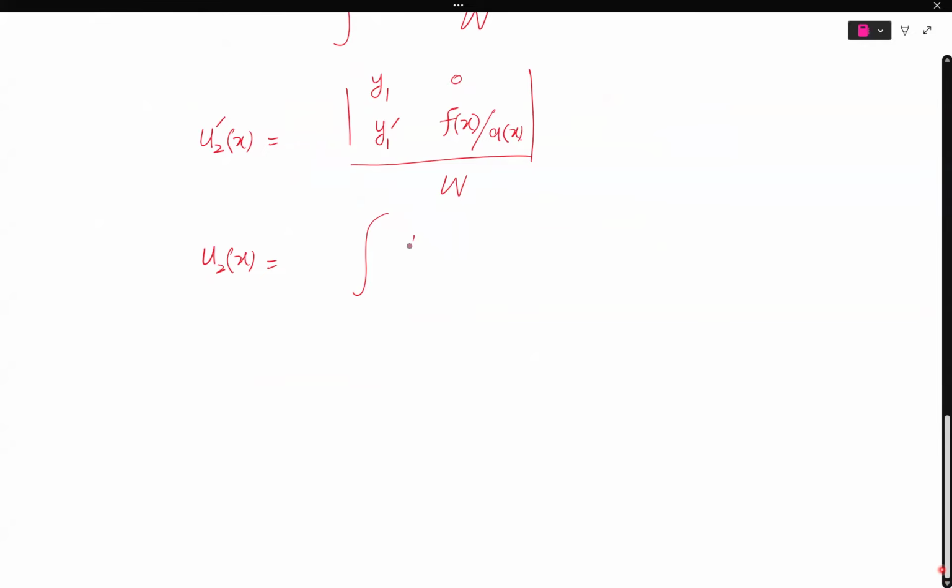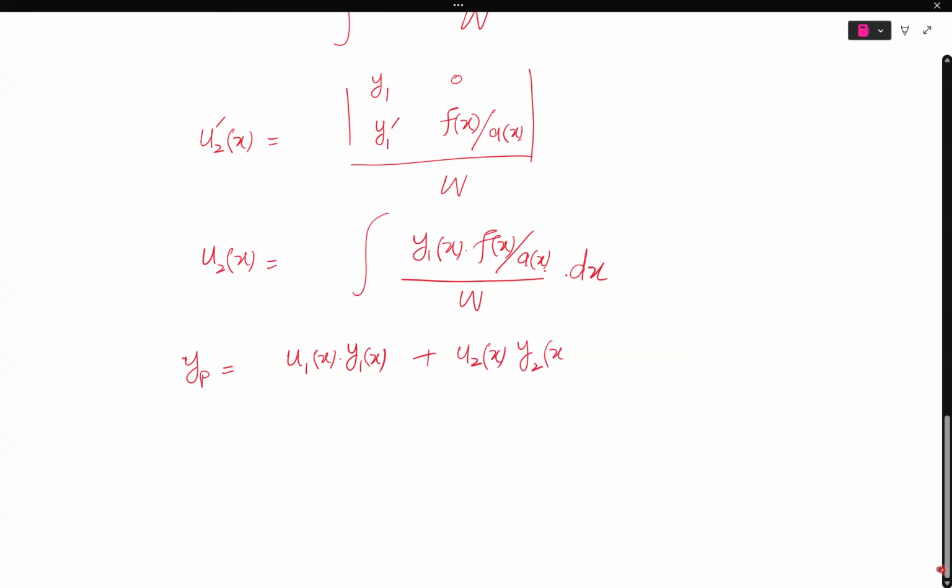So it will be the integral of y1 of x times f of x over a of x over W dx. So after getting u1 and u2, we will be able to write the complete particular solution, which satisfies the equation, and we found it is u1 of x y1 of x plus u2 of x times y2 of x.